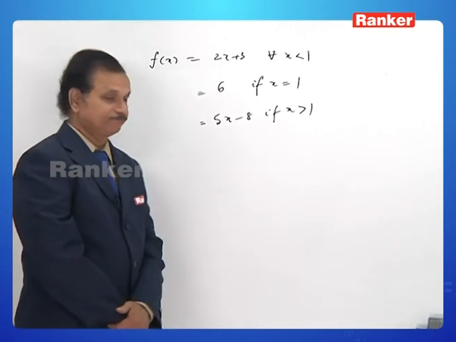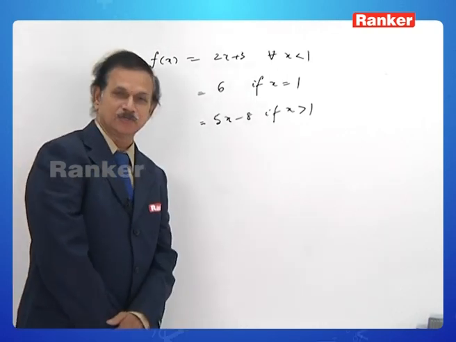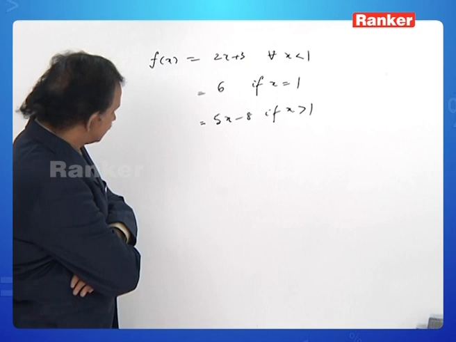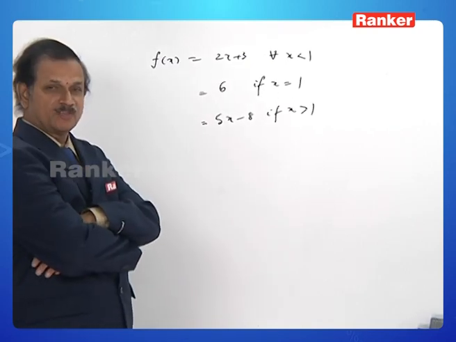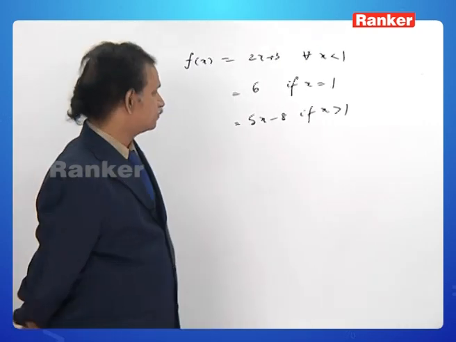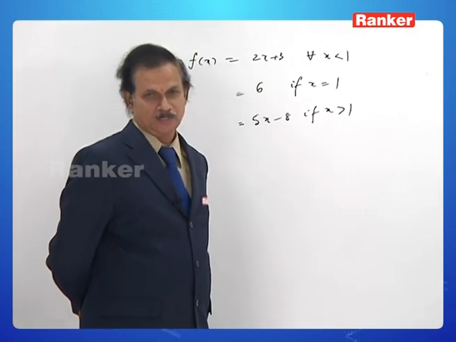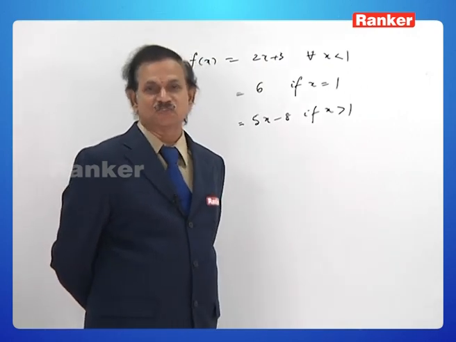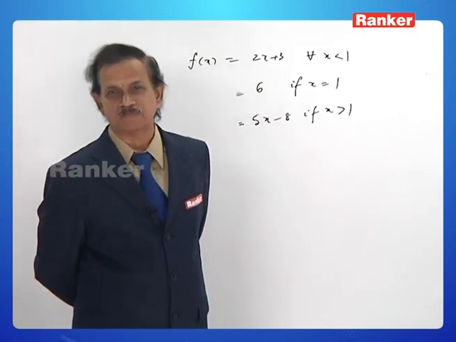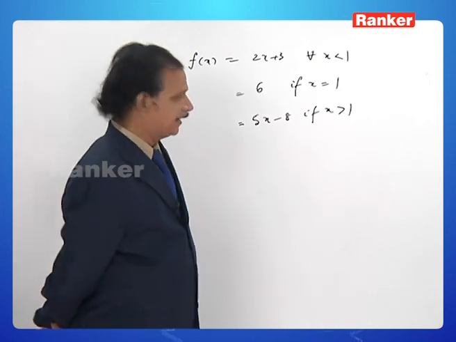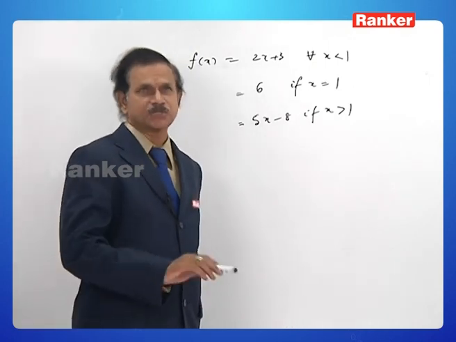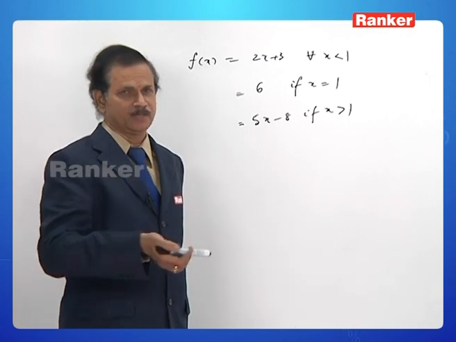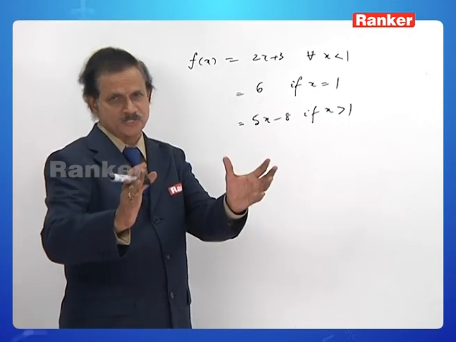Consider the function f of x equal to 2x plus 3 for all x less than 1, equal to 6 if x is equal to 1, 5x minus 8 if x is greater than 1. And he is asking us about the derivability of the function f. You see, derivability means limit as x tends to 1 of f of x minus f of 1 by x minus 1. A big calculation is needed.